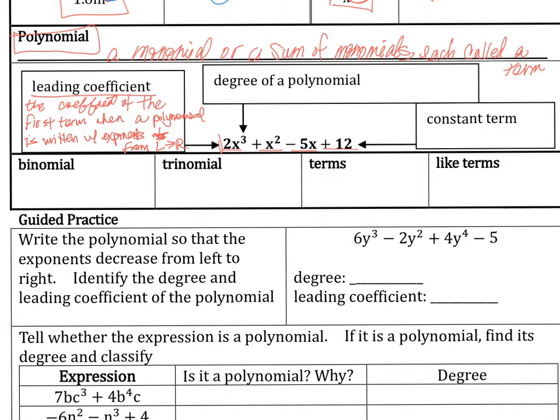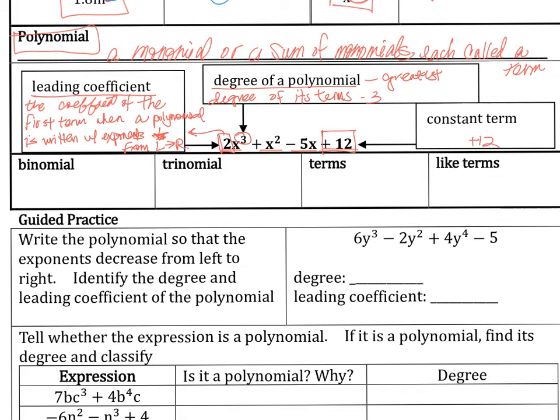So 2 here would be your leading coefficient. And the degree of this polynomial will be the greatest degree of its terms. So that would be the 3. And then we have the constant term, which is just the number positive 12.